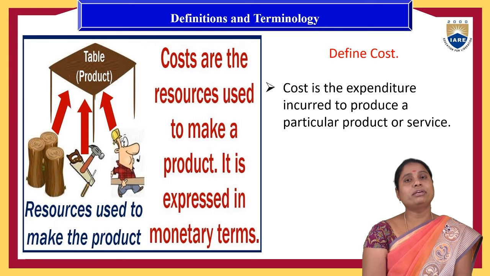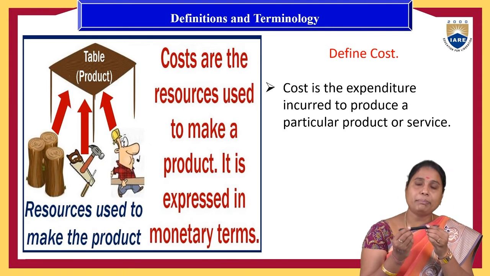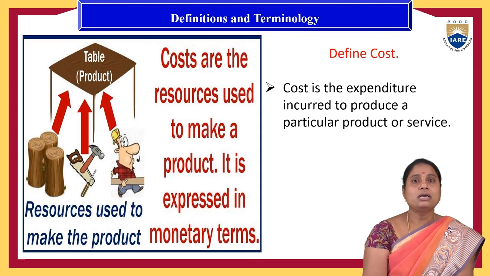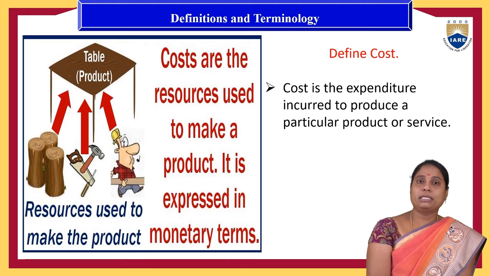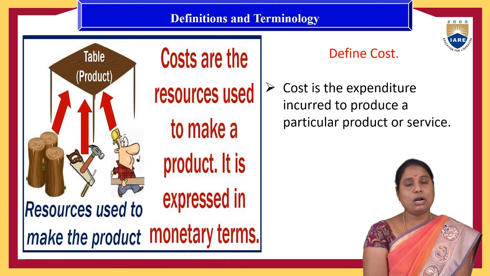Everywhere they are spending some amount to get the output of this pen. The amount spent in getting that production output is called the cost.